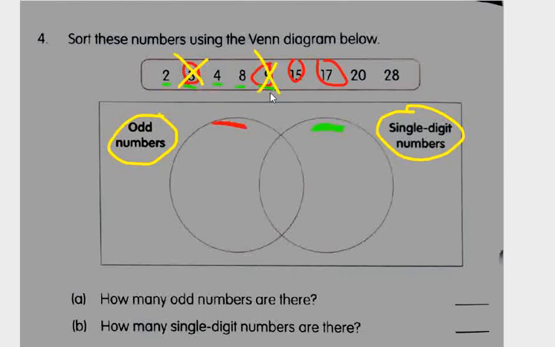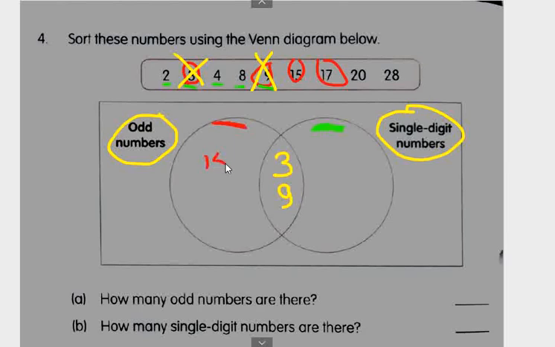2 marks. Alright, so here we have 3 and 9. And for this one, odd numbers, we have only 15, right?